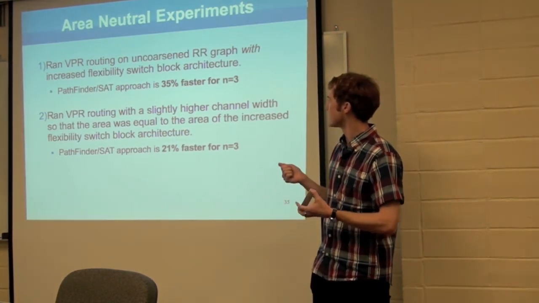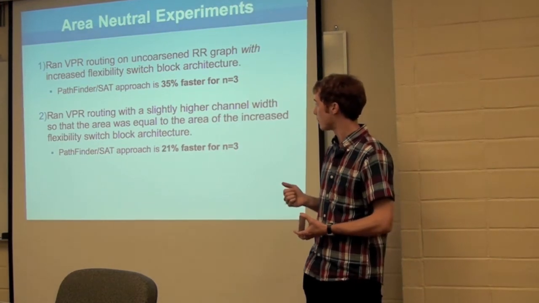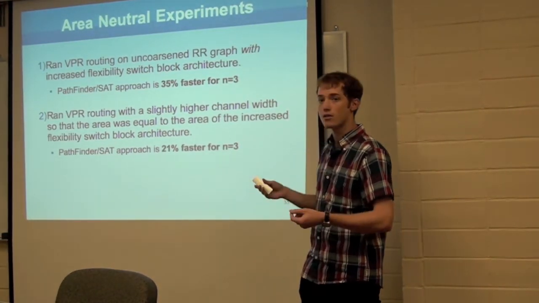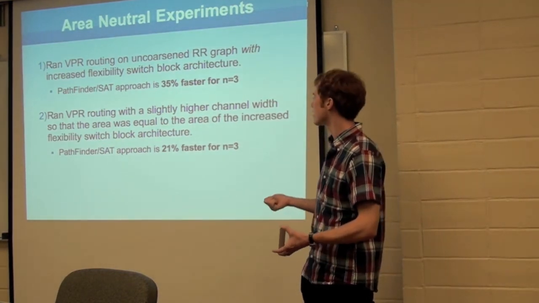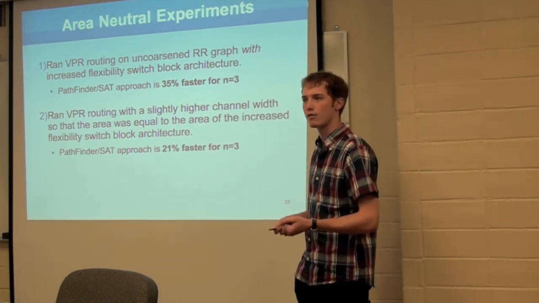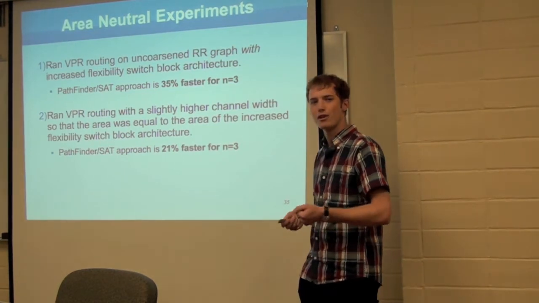This underlines the need to look at architecture and algorithm together when you're looking at CAD runtime. The second experiment shows that yes, increasing the number of tracks per channel does improve runtime, but not as much as our approach does for the same area. We still get 21% better runtime for an area-neutral result.